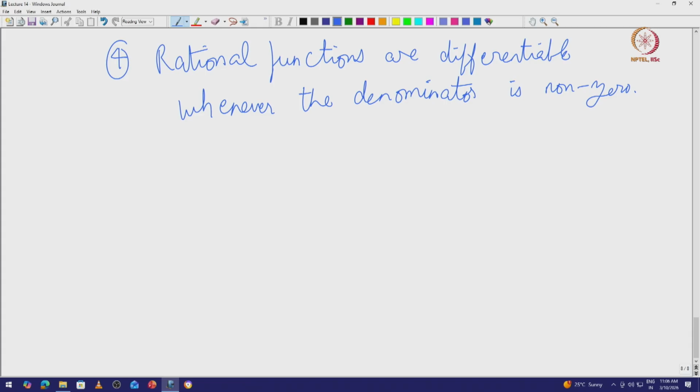The set of all points in Rn where the denominator, which is a polynomial, is non-zero, that set is an open set. Why is that an open set? What does it mean to be an open set? If the denominator is not zero at a point, then we need to find an open neighborhood around that point where the denominator continues to be non-zero. Indeed, this follows from the continuity of the denominator. Please write this proof up rigorously on your own, but nonetheless. Okay.